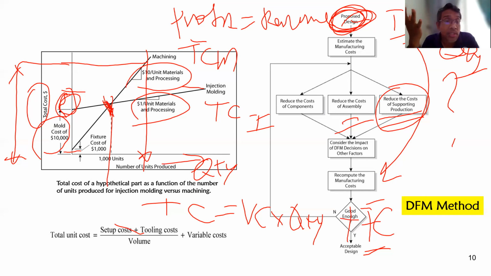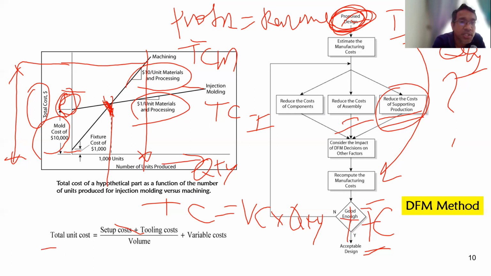So 1,000 is the break even quantity. If you target to produce more than 1,000 units, a volume production, you need to go for injection molding. If less, you can use machining. That is how you can use this graph to predict when you need to buy or change to a new machine, new process, new procedure.